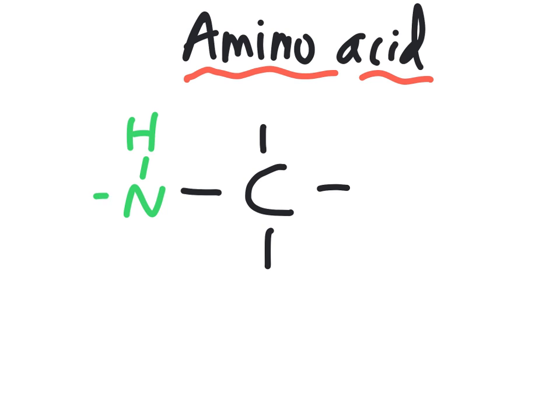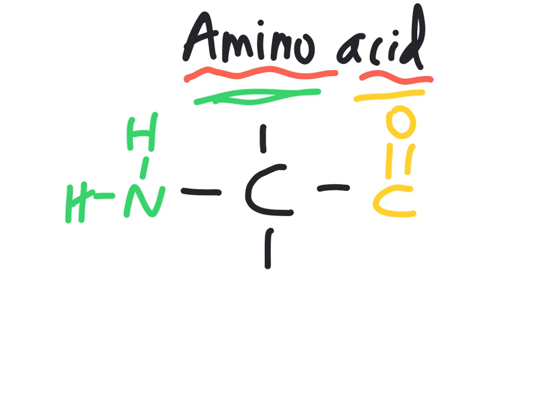As the name suggests, amino acid, we have an amine group here, and as it says acid, we have a carboxylic acid at the other terminal, right? And we have a hydrogen here and an R group here. The R group is also called the alkyl group or side chain.